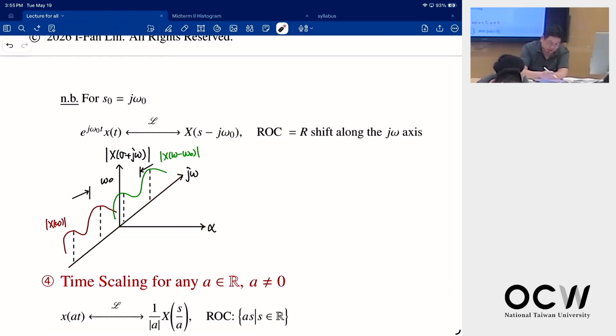I want to plot just the magnitude of the Laplace transform. So here is x of omega, the magnitude, and I shift it by omega naught. Here you will see this will be the pole, and I shift it to the pole here.